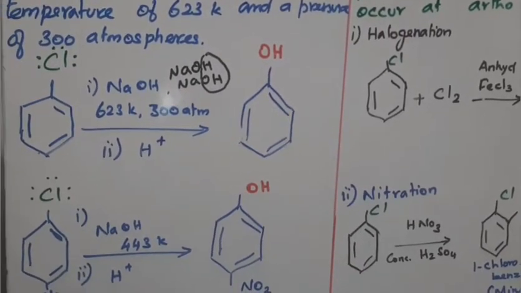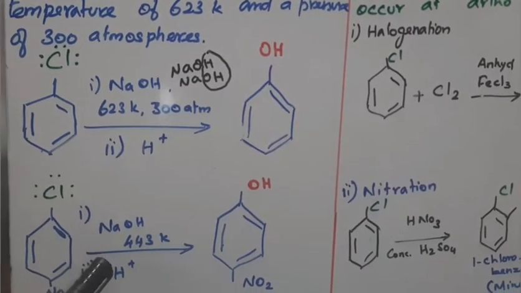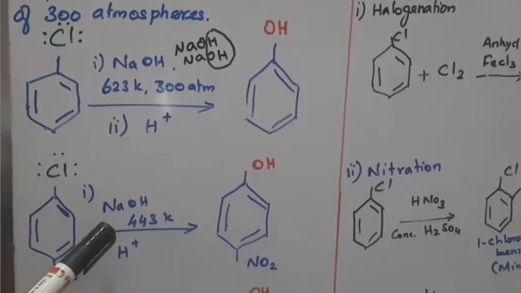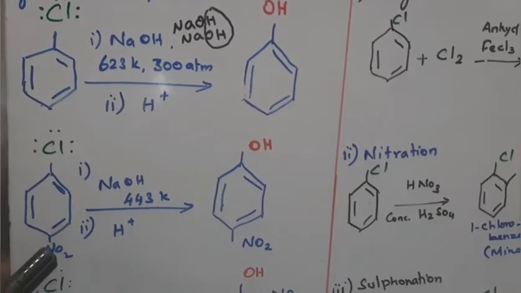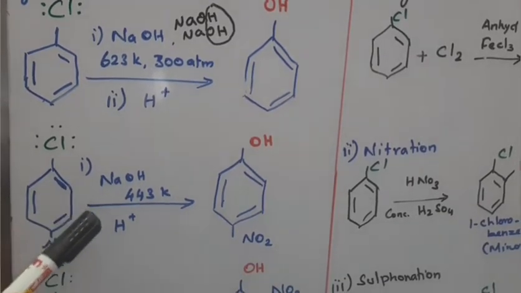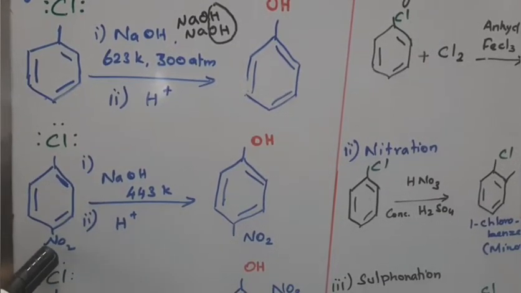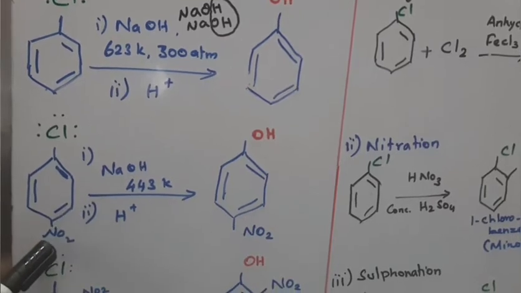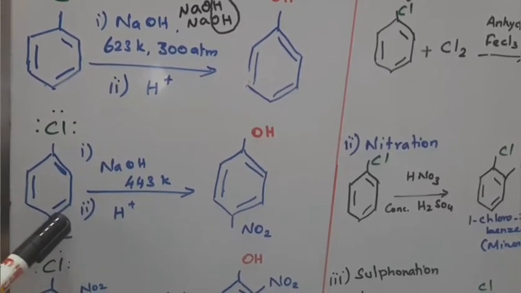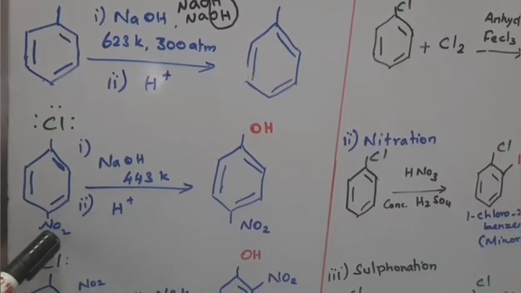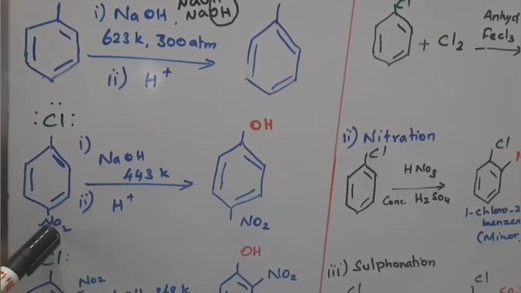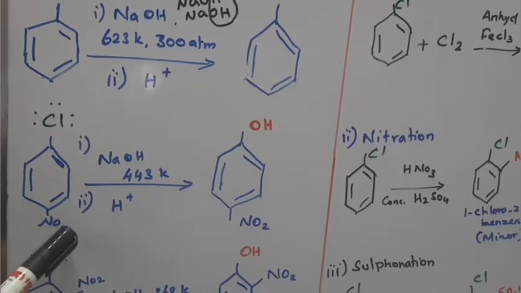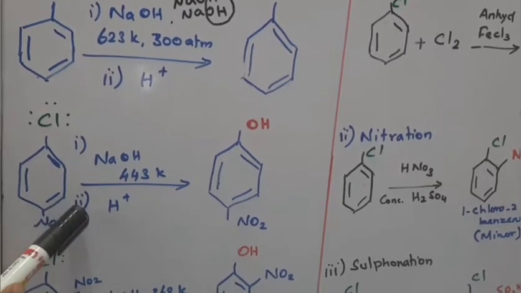The second one is the same, with OH. Here you see that the NO2 group is present in the para position. This is the ortho position, this is the meta position, and this is the para position. So this NO2 shows a minus I effect. Students, we very well know that minus I effect means an electron withdrawing group.